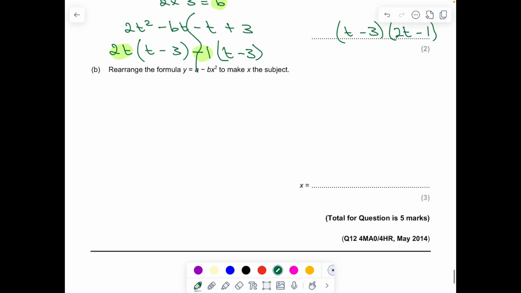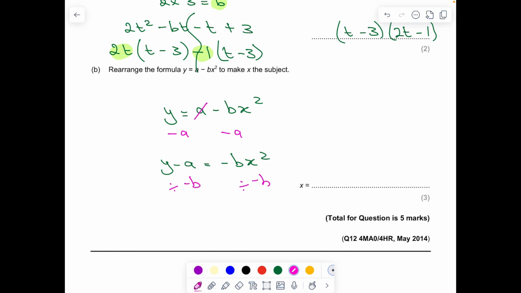Right, last question. We've got y equals a minus bx squared. We're going to get rid of the a first by subtracting a. And so we get y minus a equals minus bx squared. I'm going to get rid of the minus b, that's multiplying, by dividing by minus b.